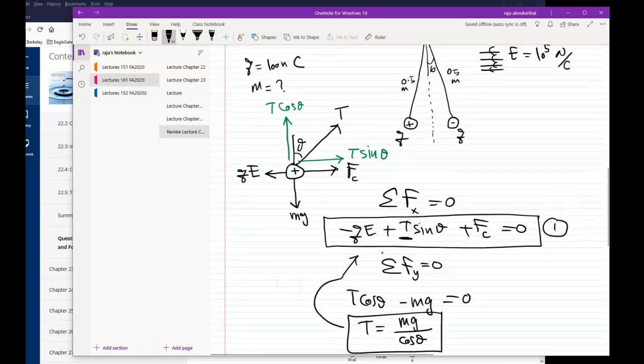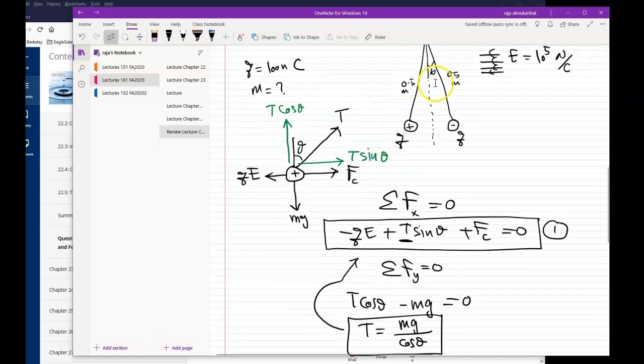Again, I'm going to look at this diagram here, and from the triangle, let's assume that the distance between them is r. With this triangle, one side will be r over 2. And this one is, he said, 0.5 meter, and the angle here is 10 degrees.